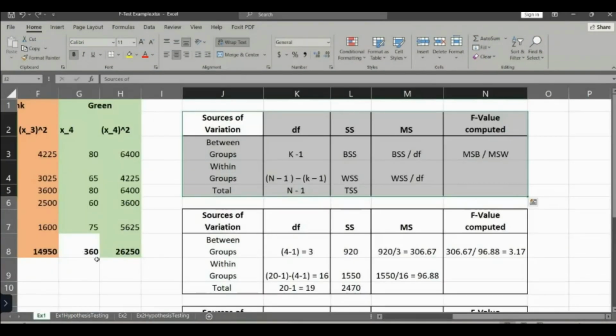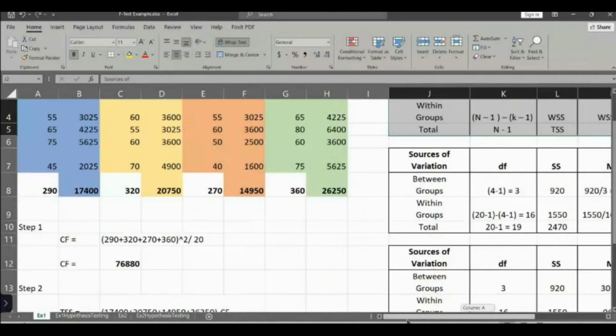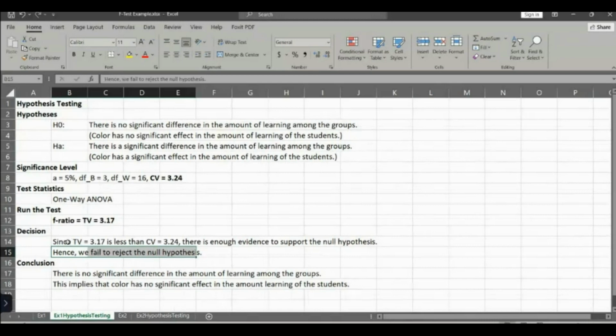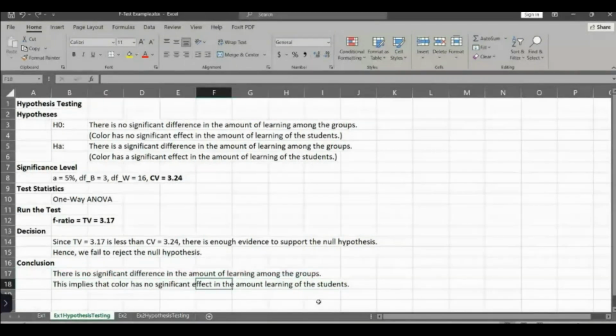We actually have the same result: less than, not enough evidence, we fail to reject, there is no significant difference. This implies that the color has no significant effect on the amount of learning of the students.